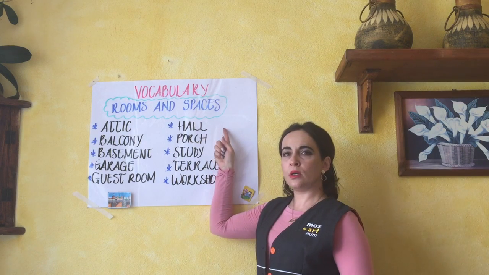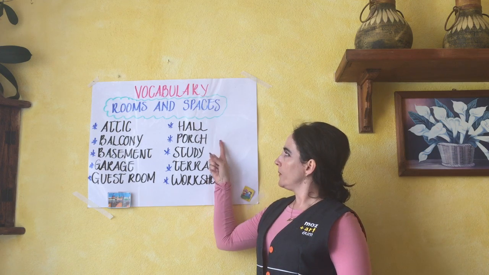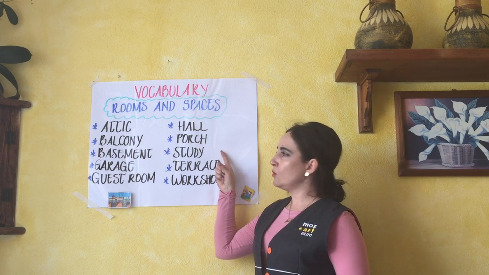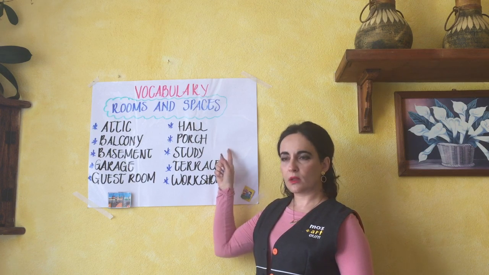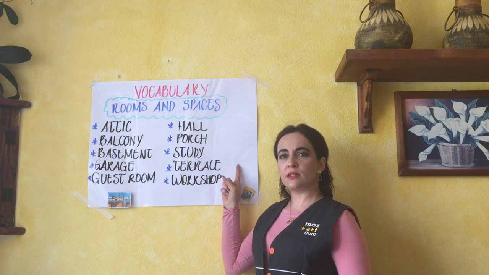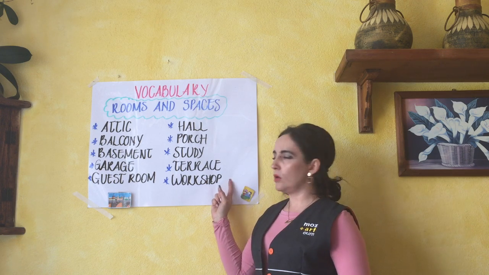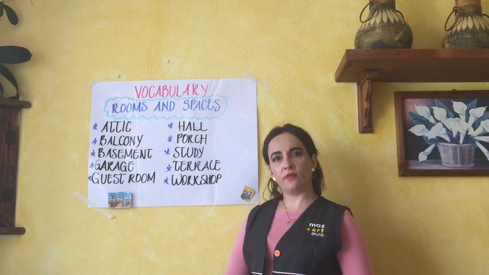The sixth word is hall. Hall. The seventh word is porch. Porch. The eighth word is study. Study. The ninth word is terrace. Terrace. And the last word is workshop. Workshop.